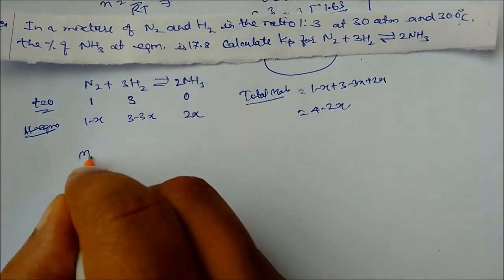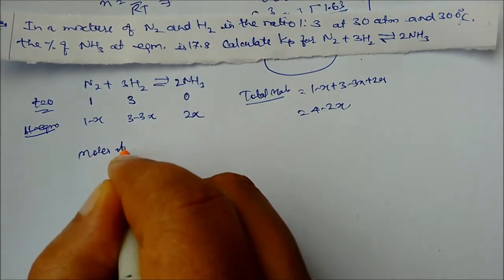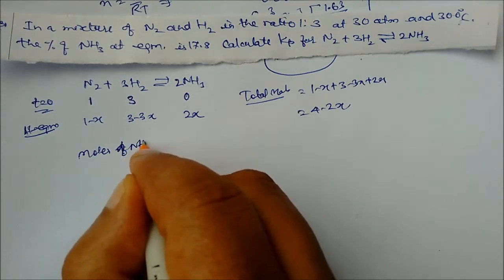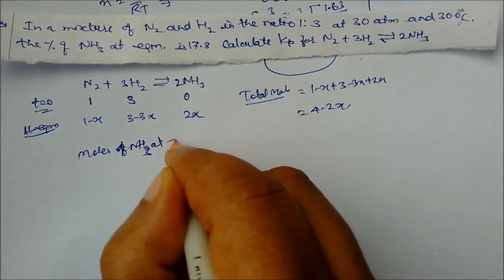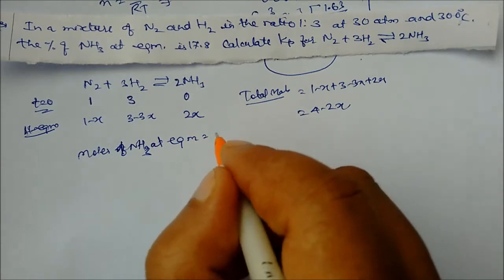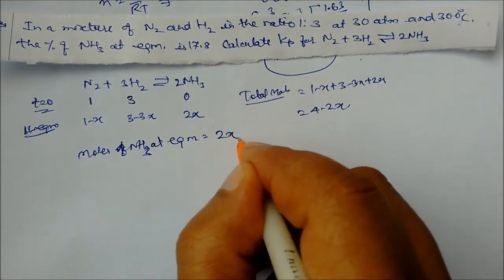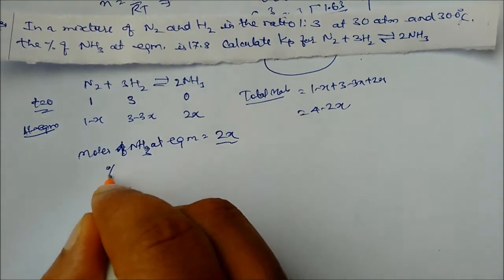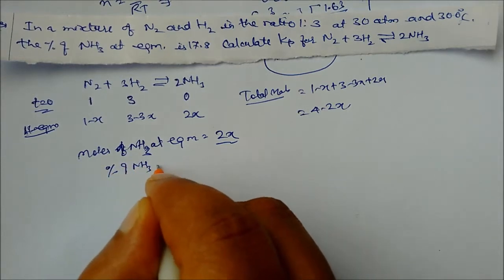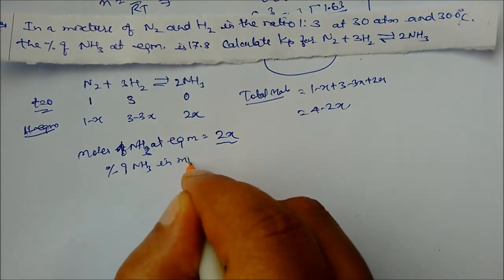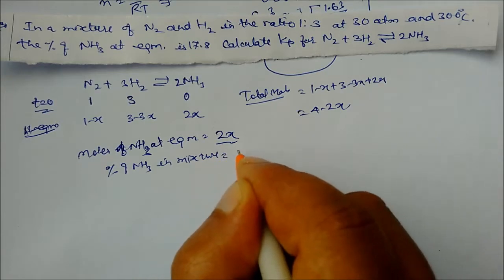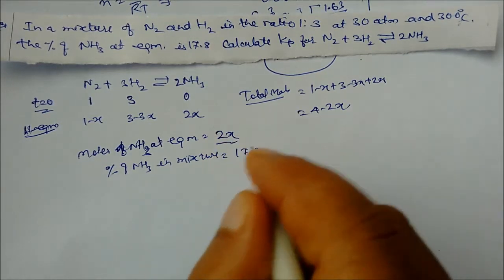Again, the moles of ammonia at equilibrium is how much? 2 into x. The percentage of ammonia in the mixture is given here as 17.8, so we can use this concept.